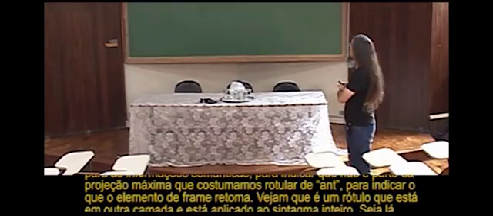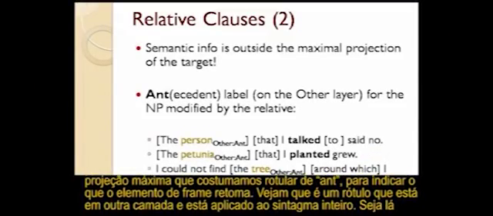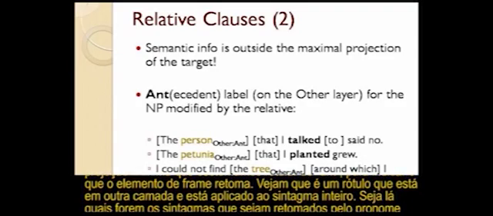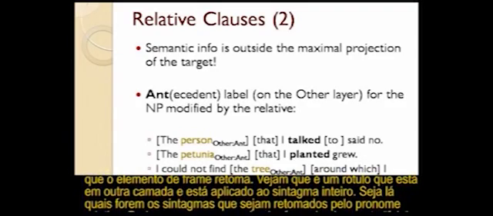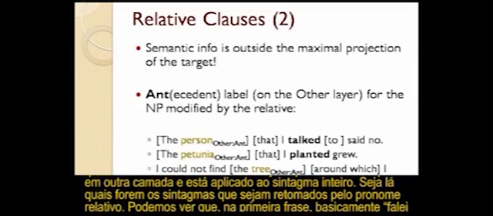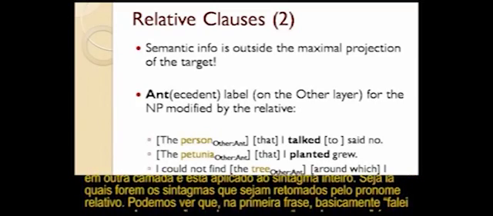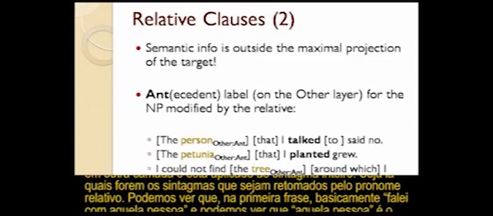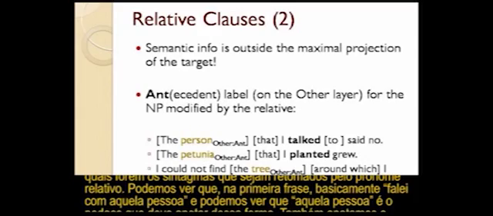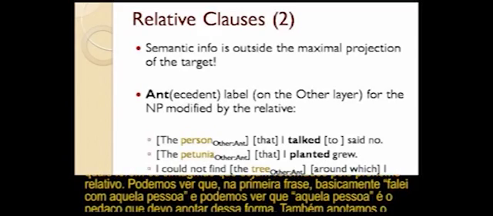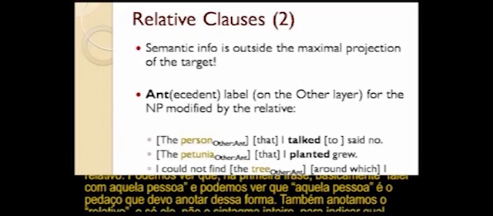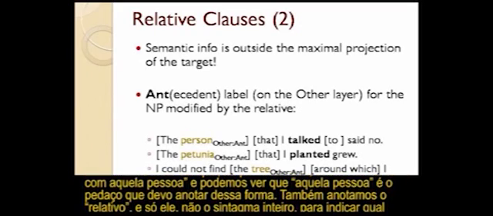This is a label on the other layer, and we apply it to the whole phrase that is the same as the relativizer. So for the first sentence, basically, I talked to that person, and so that person is the piece that I should annotate this way.